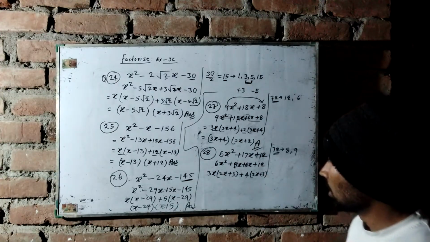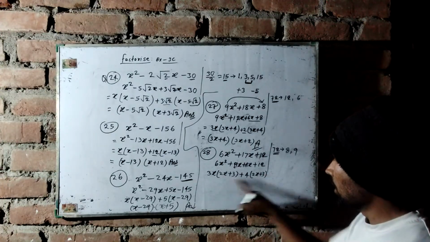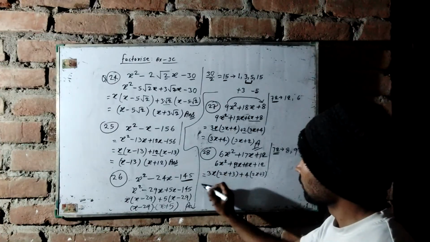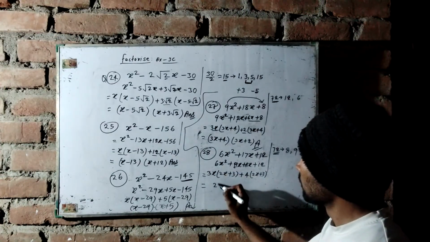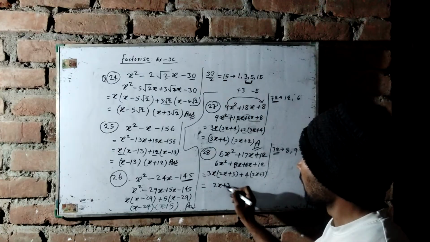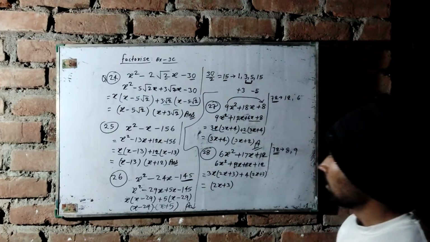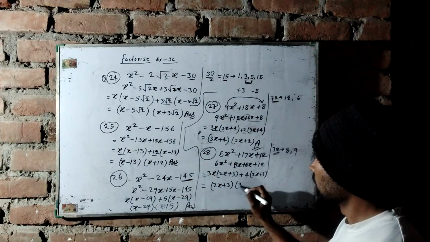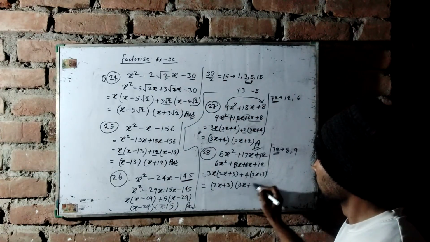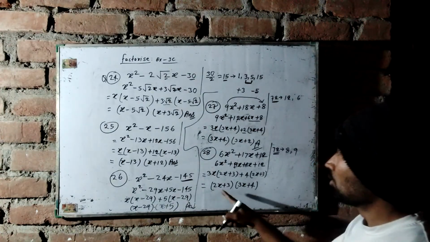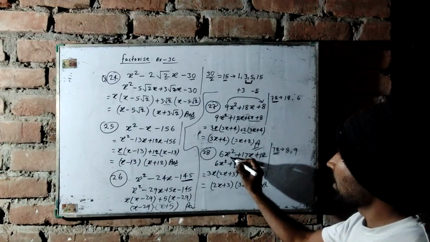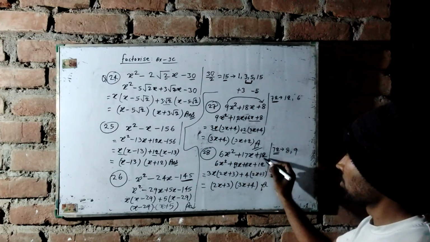Now you can see clearly 2x plus 3 is present in both terms, so we can take 2x plus 3 as a common, and you can write 3x plus 4 as a multiple. These are the two required factors of the polynomial 6x squared plus 17x plus 12.